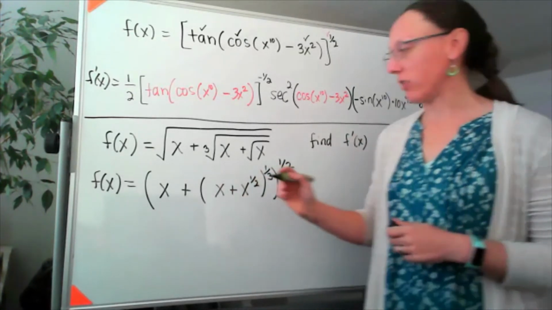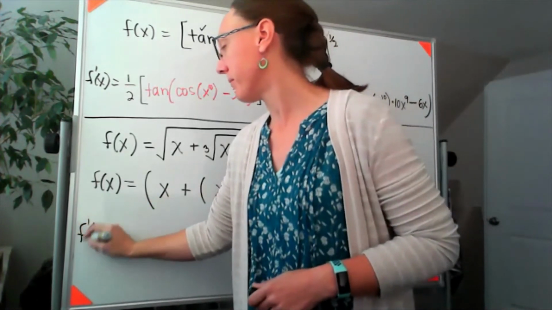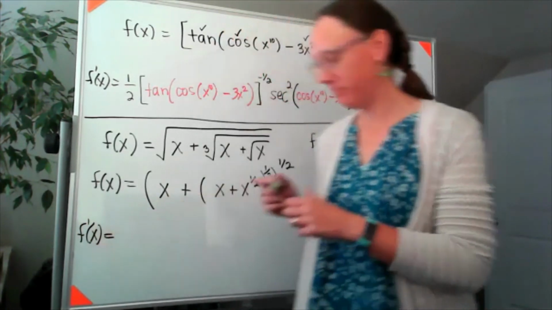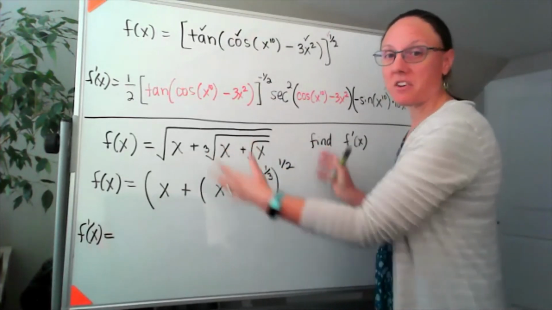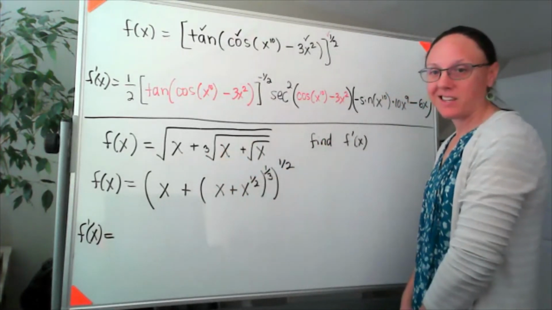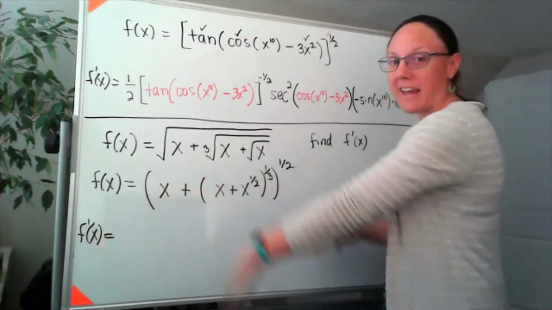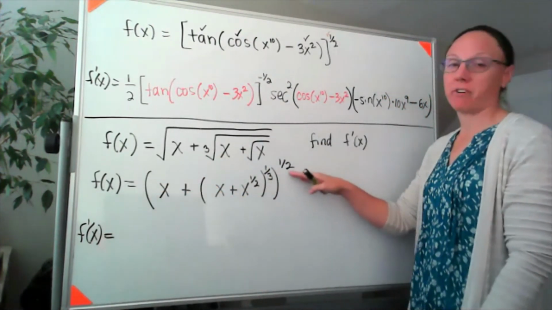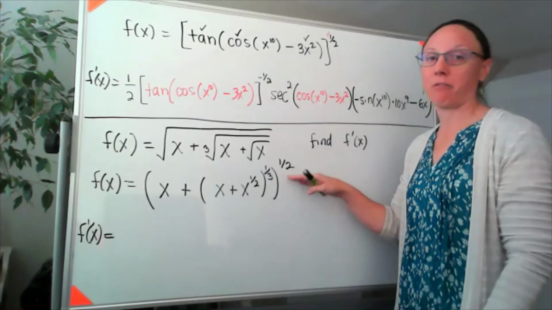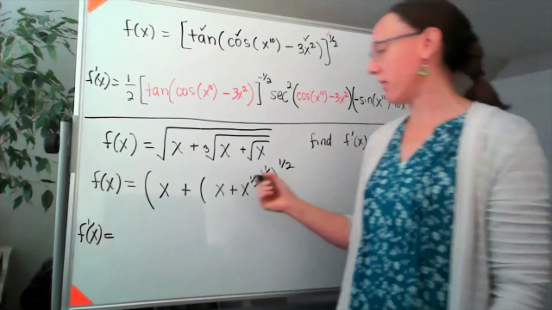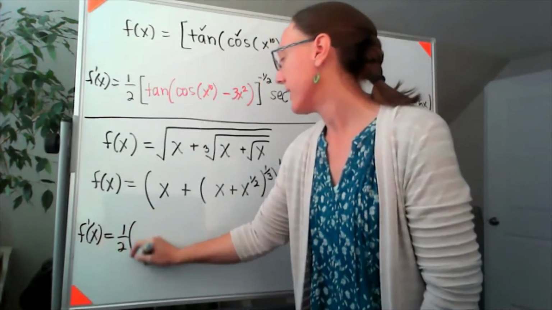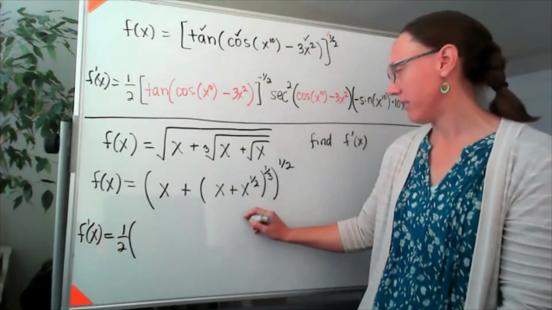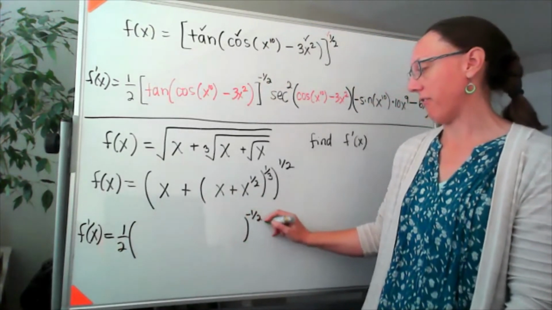Now, if we go to take our derivative, I've got stuff inside of stuff inside of stuff. So I know that I'm going to start at the outside, and that very outside function is that I've got stuff to the 1/2 power. So when I take that derivative, I'm going to end up with 1/2 times all that stuff to the negative 1/2 power.